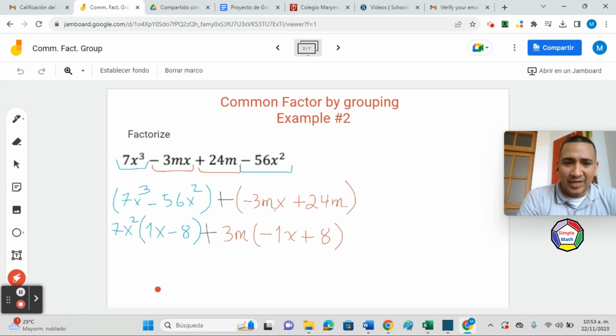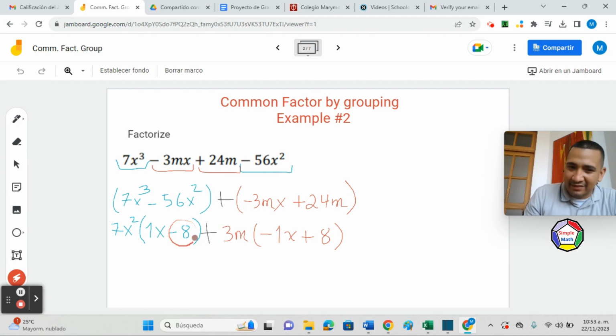What is the last step? The last step is, look at this. What happened with the two parentheses? In this parentheses, x is positive, 1x is positive, but here x is not positive, it's negative. Look what happened with the number 8.